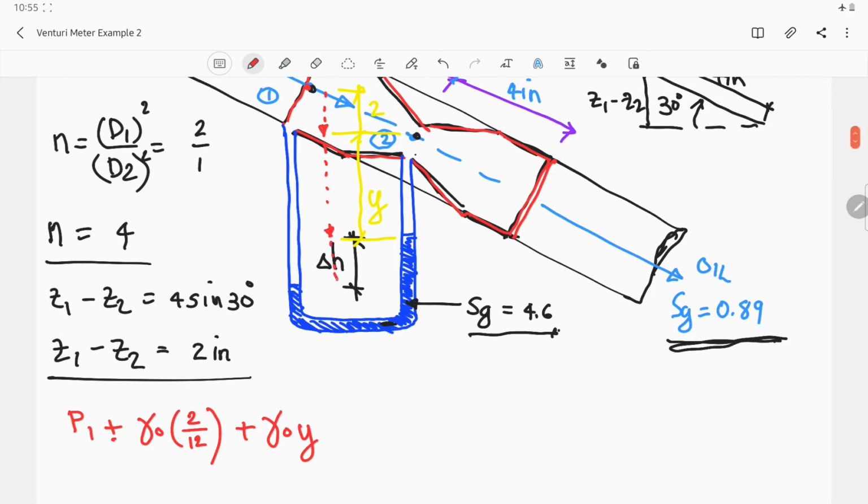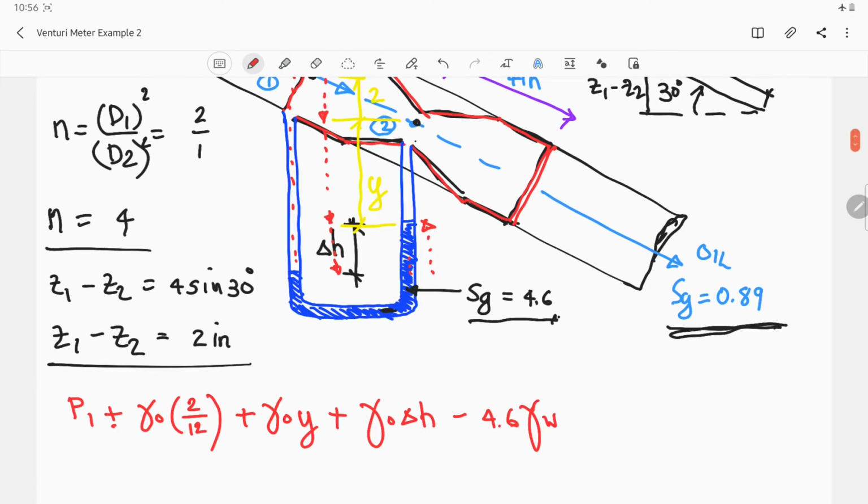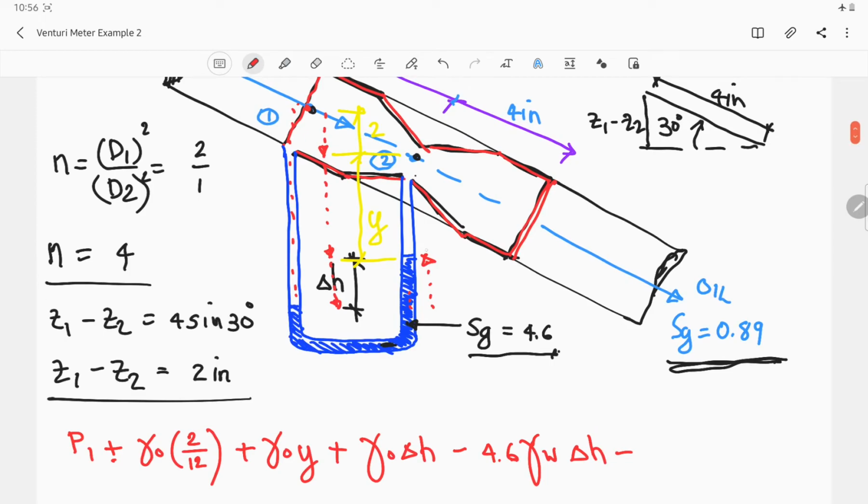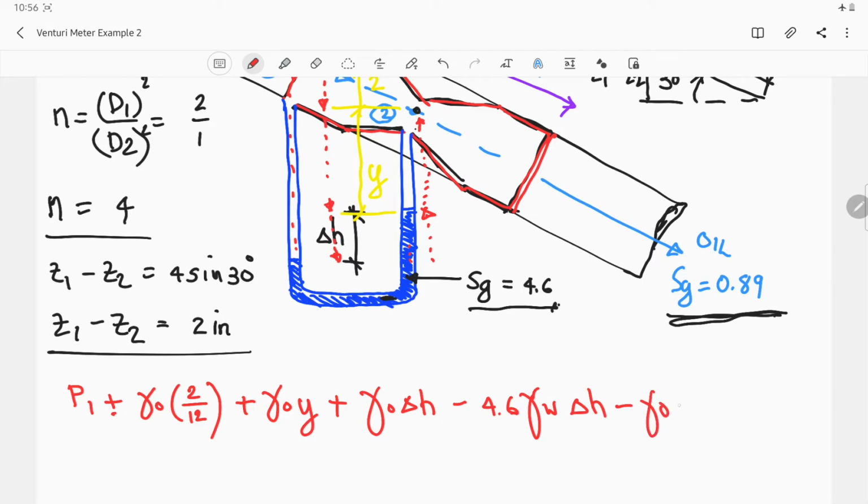Then further downward, gamma of oil times delta H. Then going upward, minus SG 4.6 times gamma of water times delta H. Then further upward, gamma of oil times y.